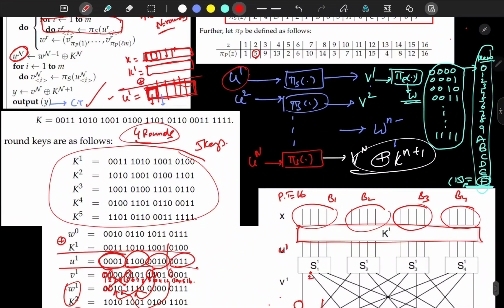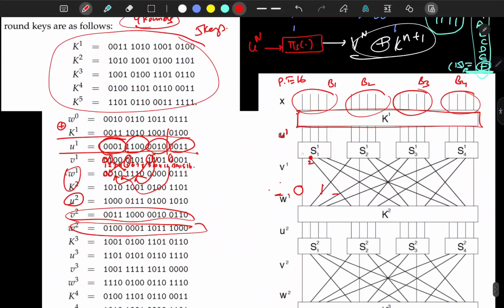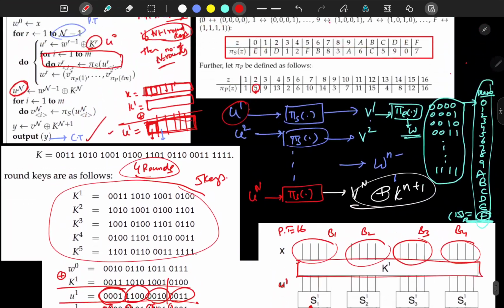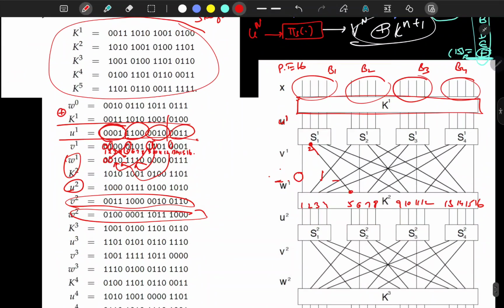The permutation box says that the second bit has to go to the 5th position: 1, 2, 3, 4, 5 here, then 6 up to 16. Similarly, the third position goes to the 9th position.